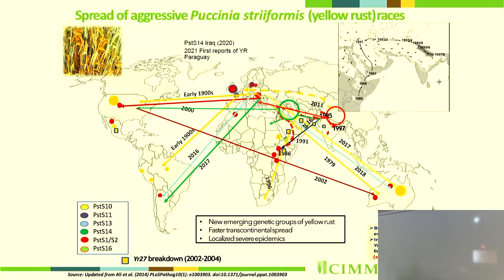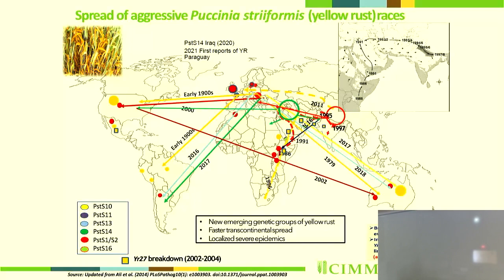There is also a history in Australia of exotic incursions of stripe rust from Europe. All of this shows you the intercontinental migration of these races, and that it puts host resistance deployment at a very risky level.